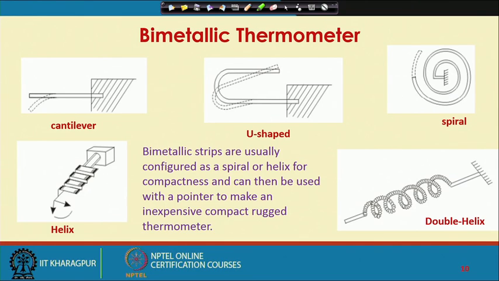Bimetallic strips are usually configured as a spiral or helix for compactness and can be used with a pointer to make an inexpensive, compact, rugged thermometer.